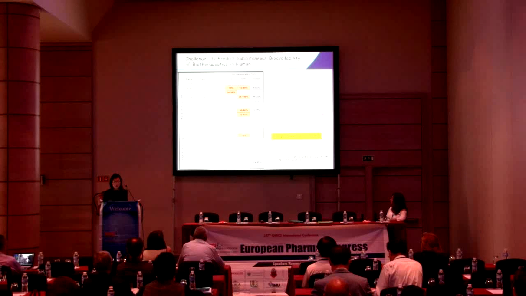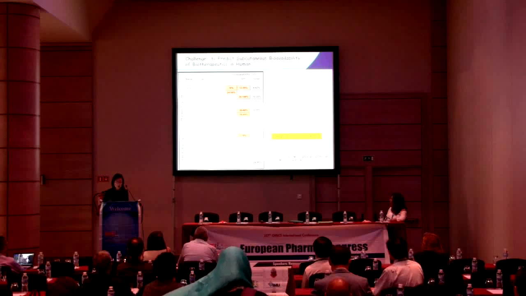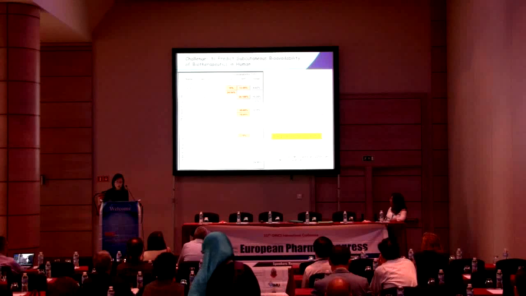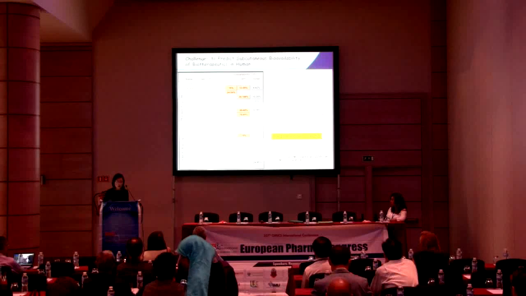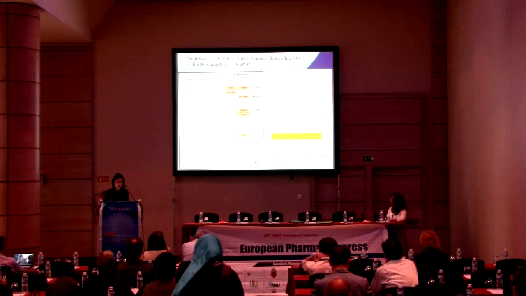And in the pharmaceutical industry, it's a big hurdle to predict the subcutaneous bioavailability of all kinds of biotherapeutics in human. And this is a table listing the problem. You can see that there are all kinds of therapeutic proteins, some growth hormone, interferon, and then MABs, monoclonal antibodies, and Fc fusion proteins.